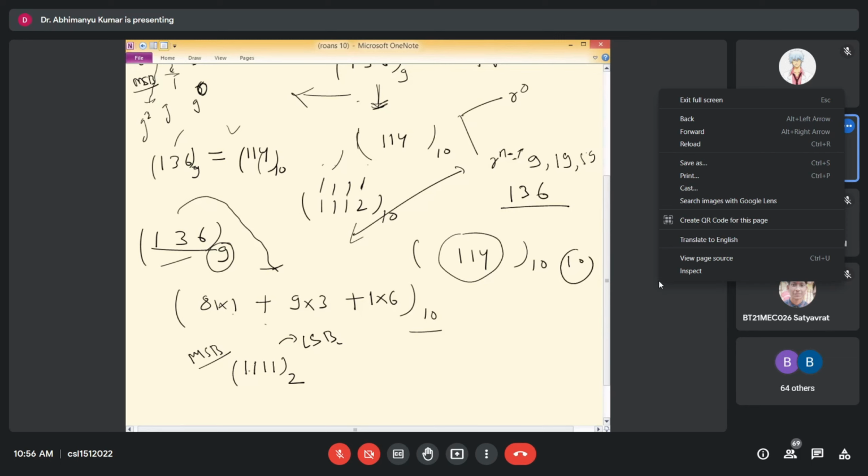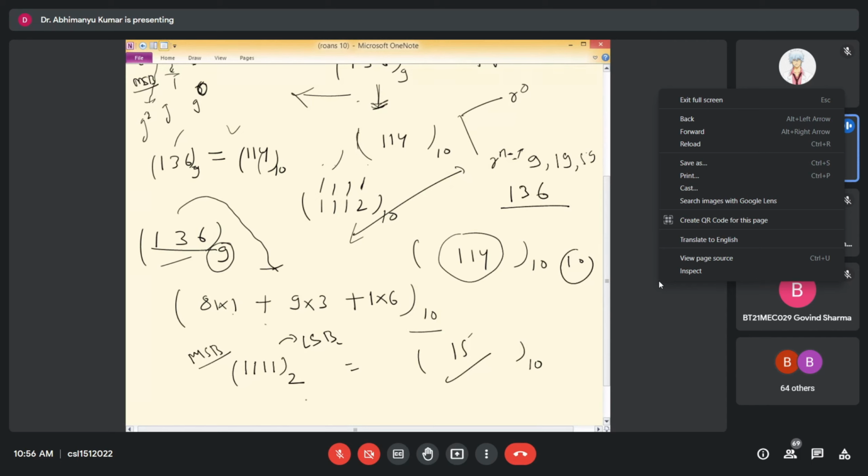Suppose this quantity is represented in binary system, radix 2 system. Now you like to know the answer in decimal system. So what is the answer? 15. It is 15, right? Yes, sir. So how it is 15?